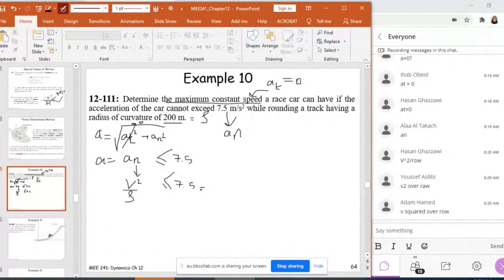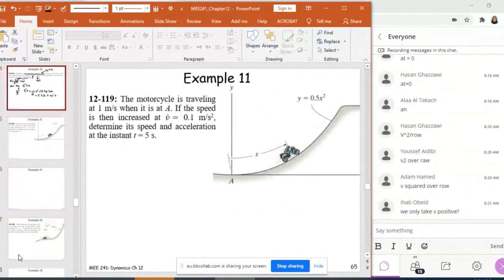And this means that v squared should be less than or equal to 7.5 times rho, and rho is 200. And this means that v, in magnitude, should be less than or equal to 38.7 meters per second.